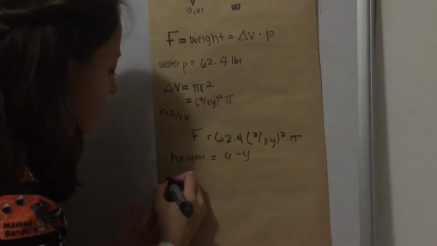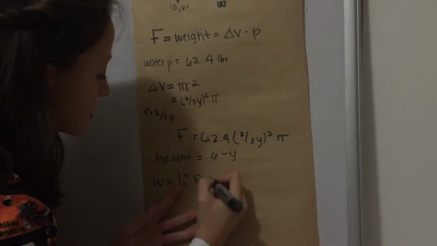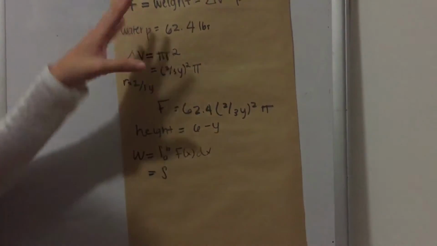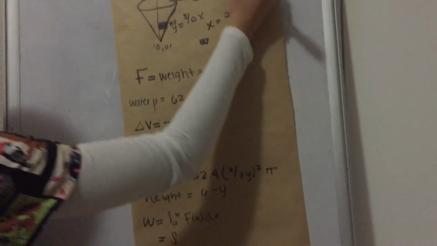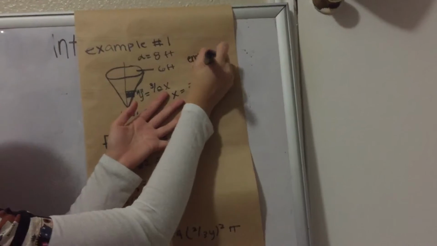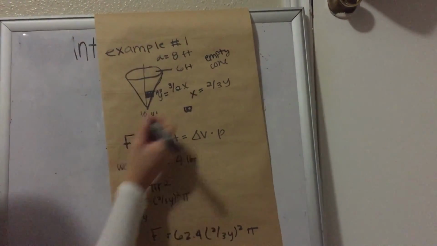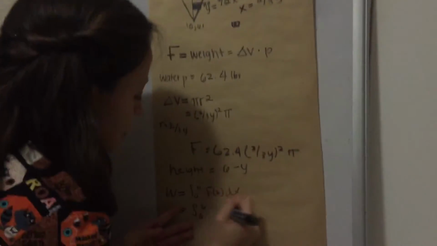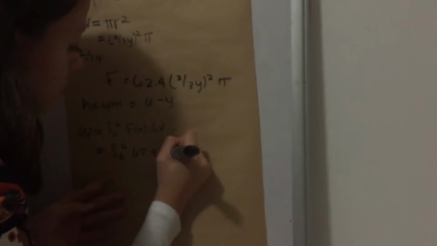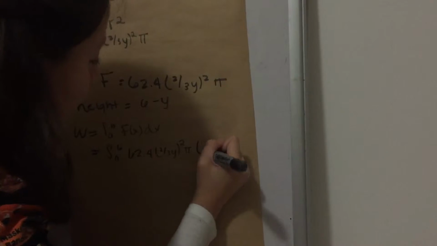So we know that work is equal to the integral from a to b of force of x dx. So we're trying to get the cone empty. So our integral is going to be from 0 to 6, because this is 0 and that's 6. And our force we have is 62.4 times 2/3 y squared pi. And you're going to multiply that by 6 minus y.